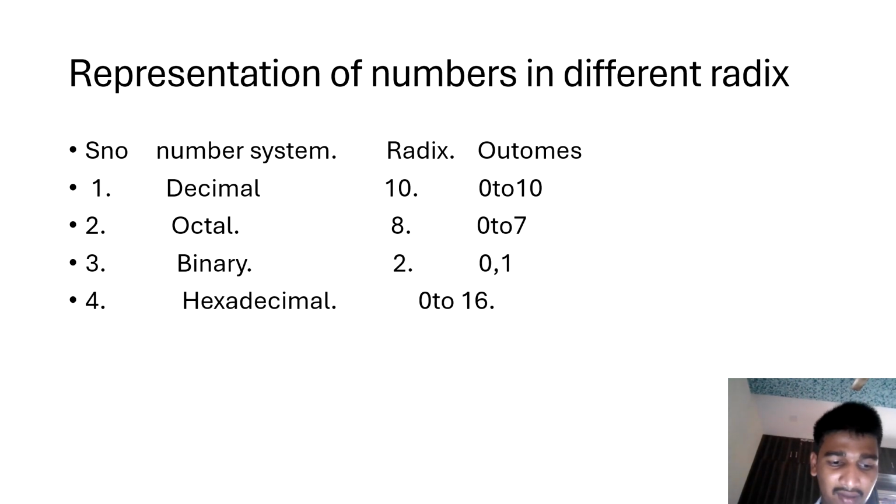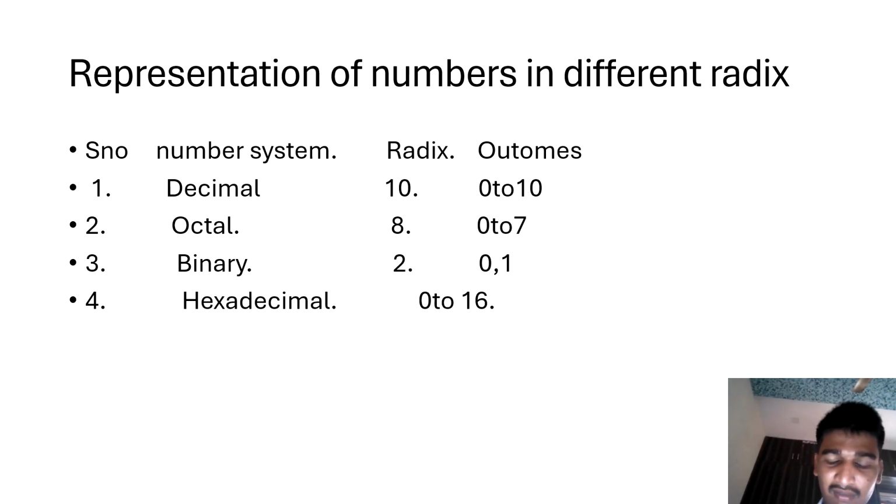I concluded that we want to see the representation in different radix. Radix means the possible outcomes. Radix means the base of a number system, like binary 2, octal 8.